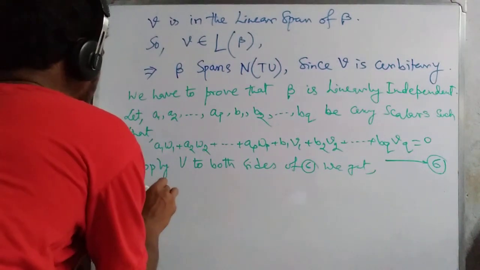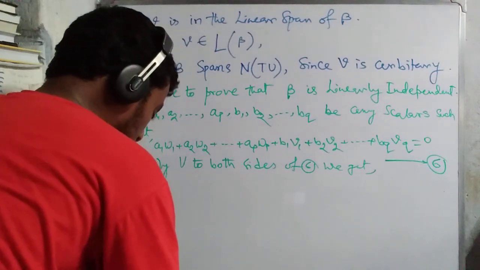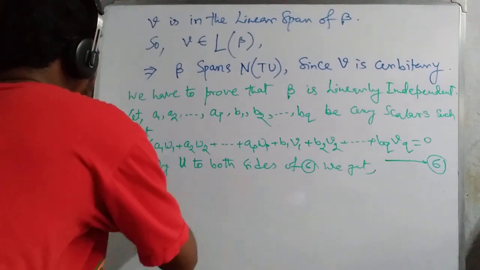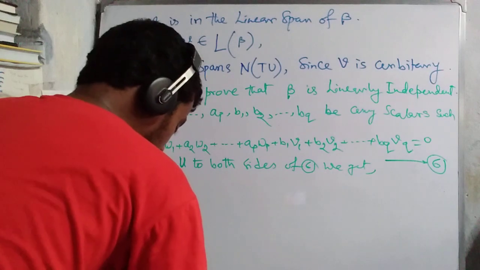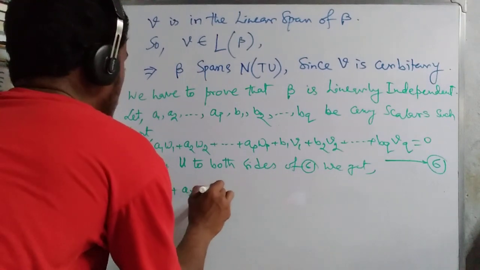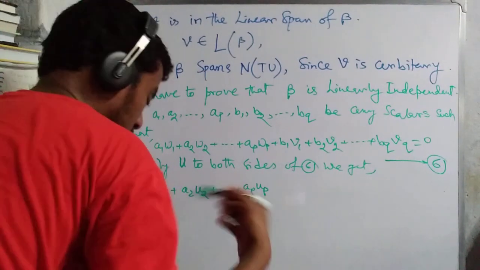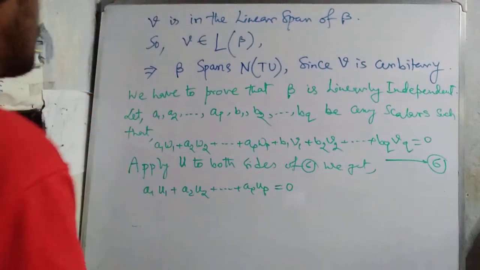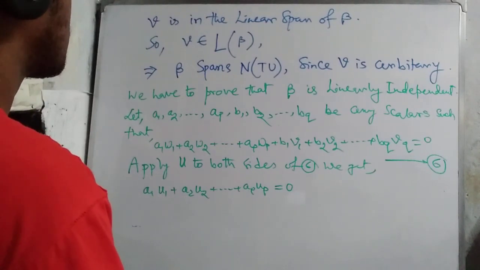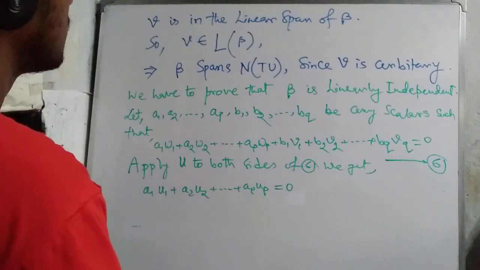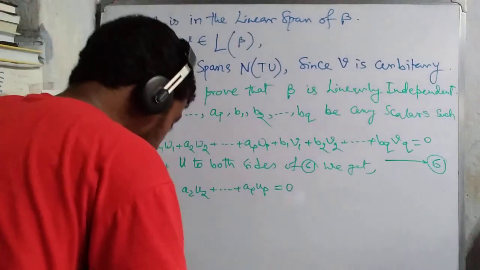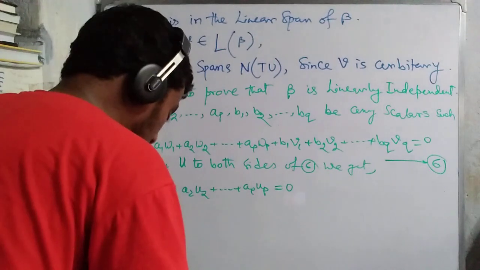We get a1 U of w1, where U of w1 equals u1, then a2 u2, ..., ap up, and the other terms are 0: U of v1, U of v2, ..., U of vq is 0, since v1, v2, ..., vq belong to N of U, so this is obviously 0.